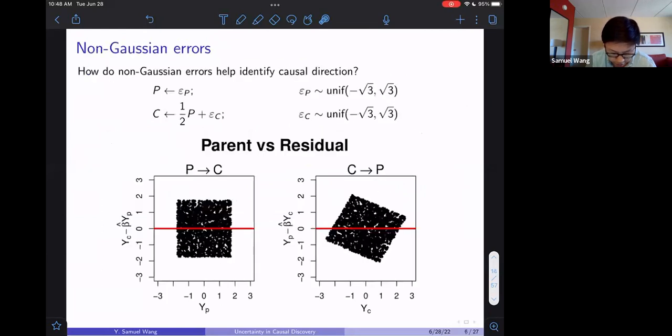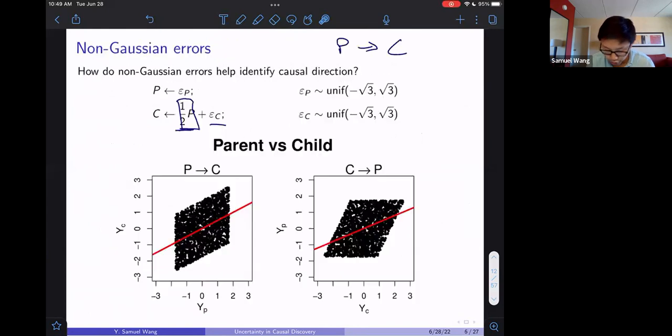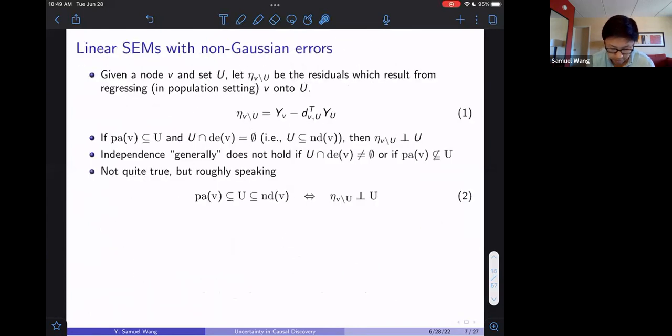We've specified a linear model, and we've assumed that each of these epsilon_V are IID and independent of the regressors. If there's a violation of this model assumption, then this identification criterion would not be totally correct.